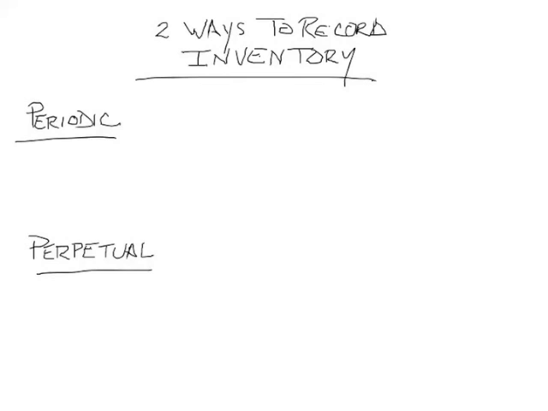The periodic method is essentially when you have your inventory account, and I'll draw the T account here, and you have your cost of goods sold account. And I'll draw that over here. Let's say in your inventory you have $5,000. Using the periodic method of recording inventory, you don't keep track of it every time somebody walks out with some widget.